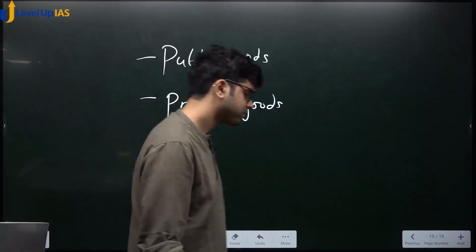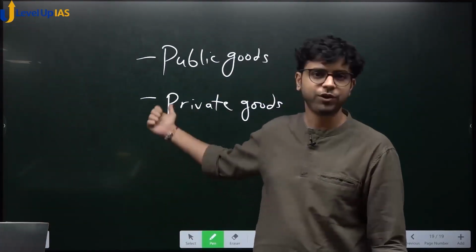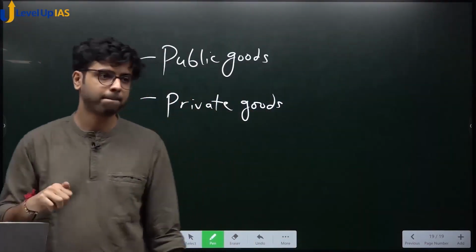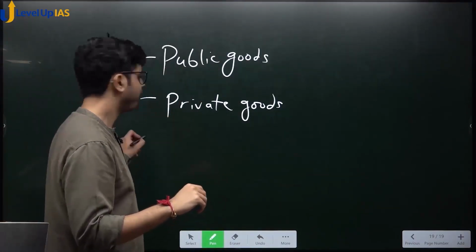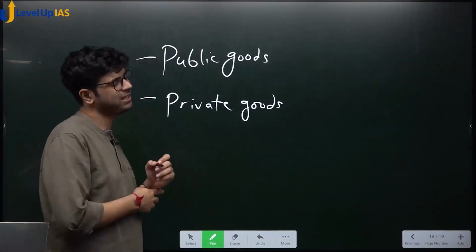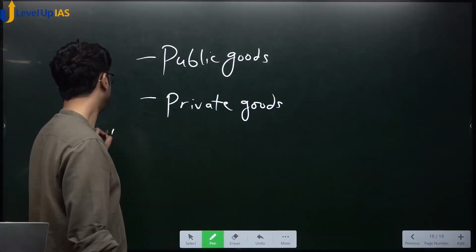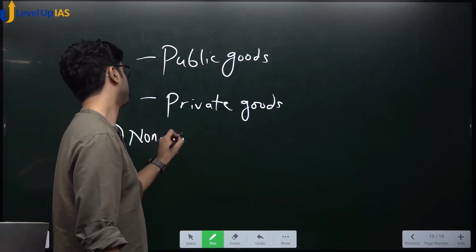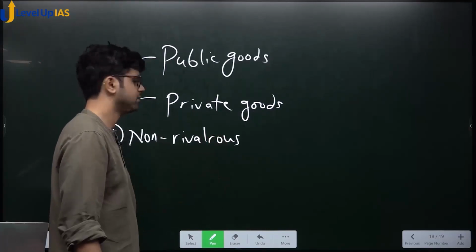Very good. What is the key factor which differentiates between public goods and private goods? I want you to tell me, how do you distinguish between public goods and private goods? There are two words which I want you to know. These are English words, but they sound good when you use them. First word is non-rivalrous.